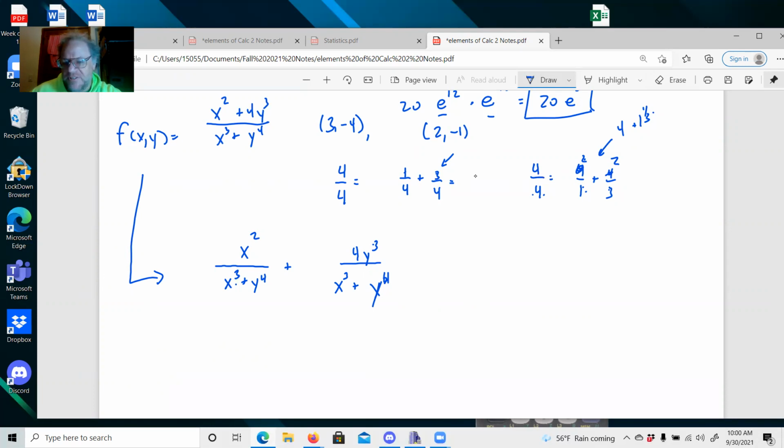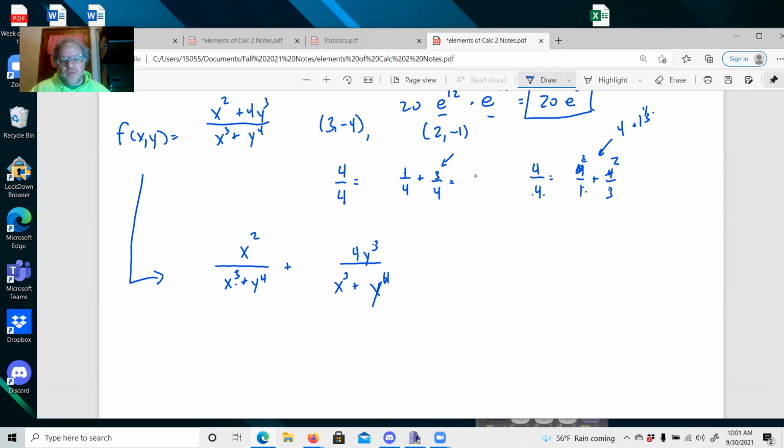I have 3x cubed. If I took a du, we'd have an x squared, but we don't have that. So I think the best we have here is a quotient rule.